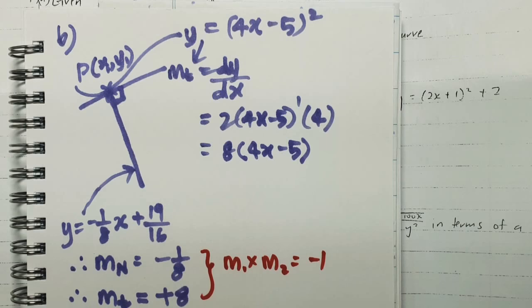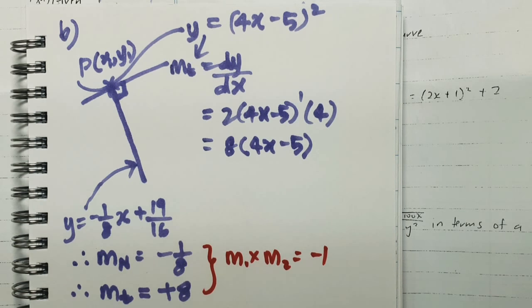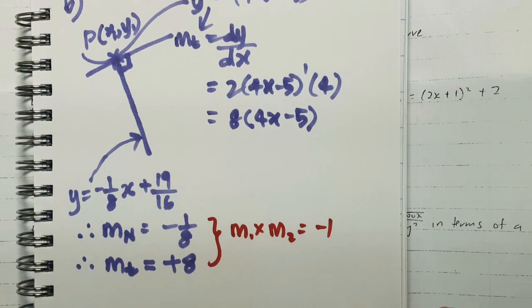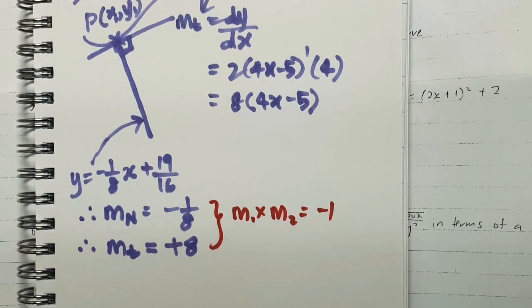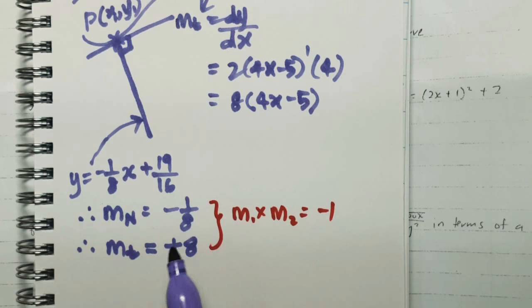Now, more specifically, we have to substitute the x in. But the problem is I do not know the x. Never mind, I do know that my gradient of the tangent is 8.